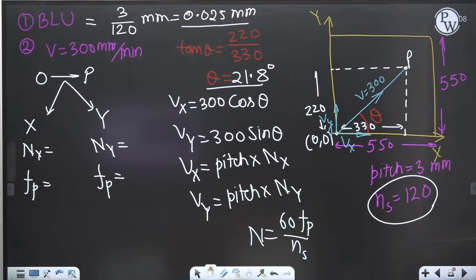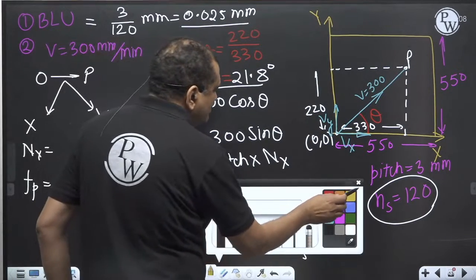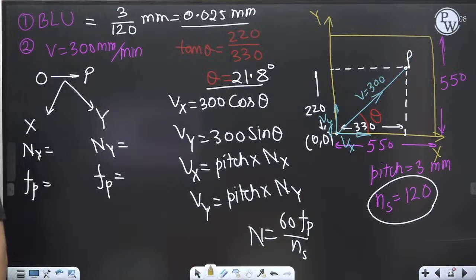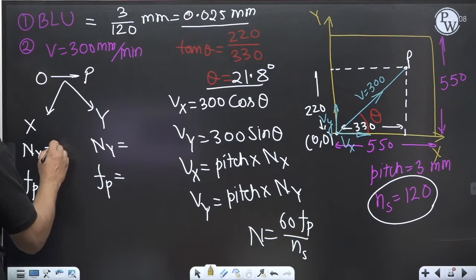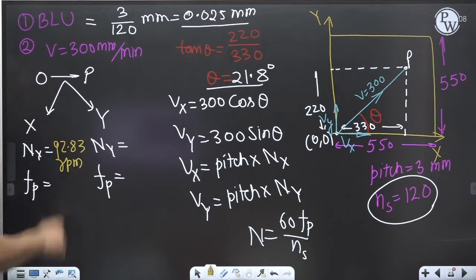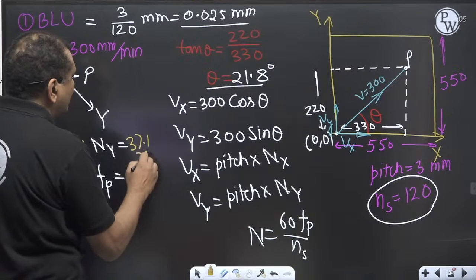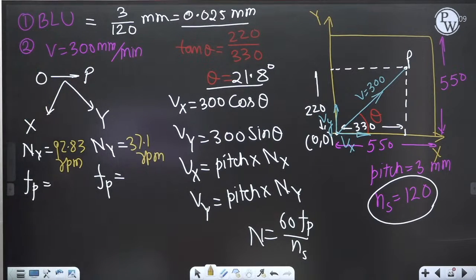Procedure, entire procedure I have given to you. My answers are 92.83 RPM and 37.1 RPM. Let me know whether these answers are correct or not.